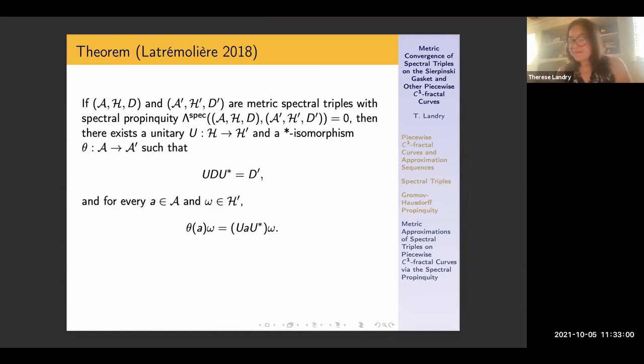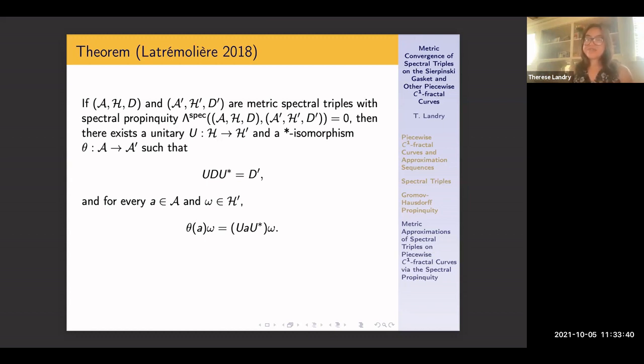So what do we get if we have distance 0 for two metric spectral triples with respect to the spectral propinquity metric? Why define this? Because then you get unitary equivalence of the Dirac operators. That's the payoff. And why is that important? In terms of the geometry, usually you might define things in terms of the spectrum.